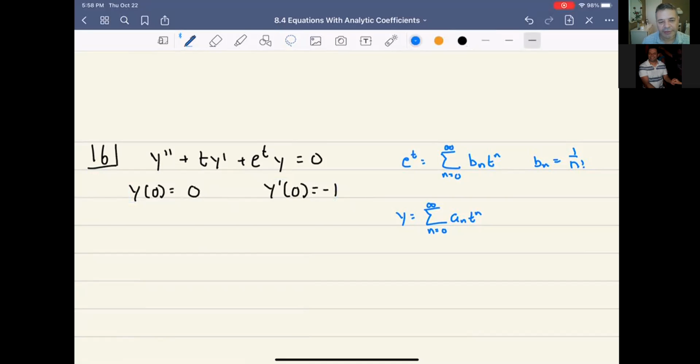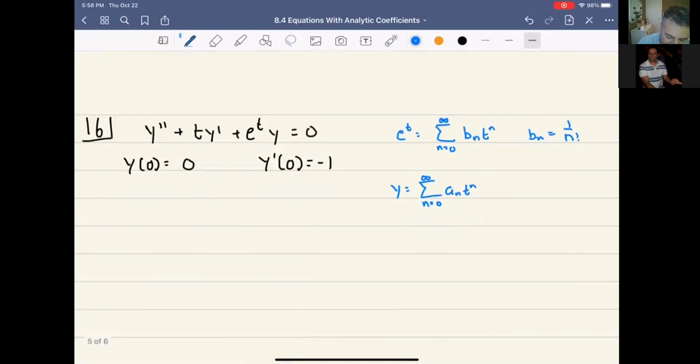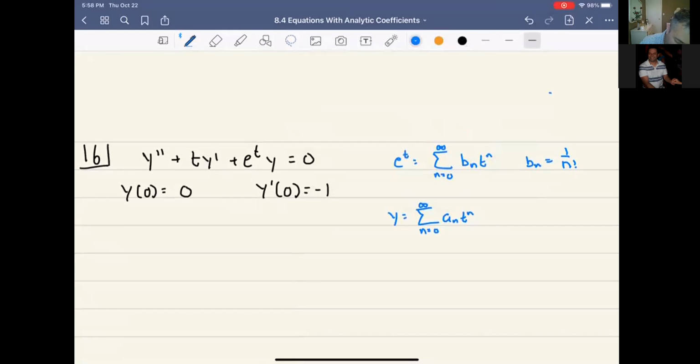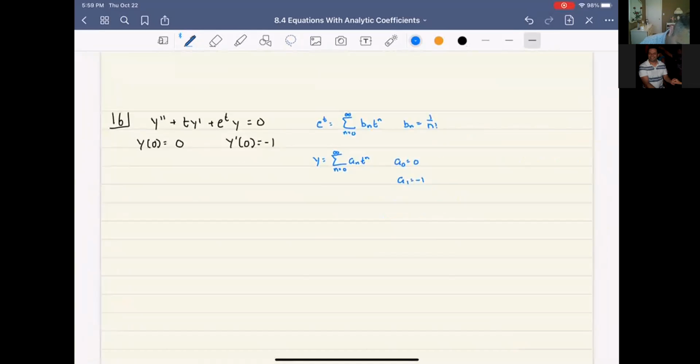Okay, y of 0 is 0, y prime of 0 is negative 1. So that gives us, we know, a0 is 0, a sub 1 is negative 1. Okay, let me put that over here.